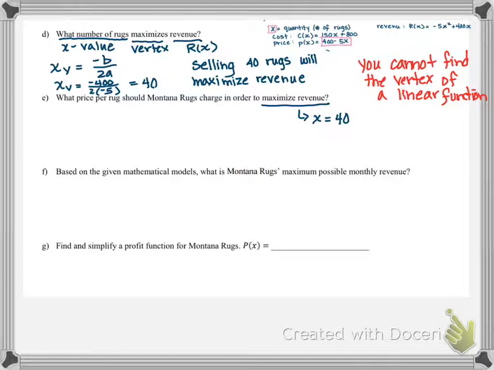If you want to think of it graphically, the revenue function looks like this. Stupid watermark is in the way. I'll just draw it over here. The revenue function looks like this.